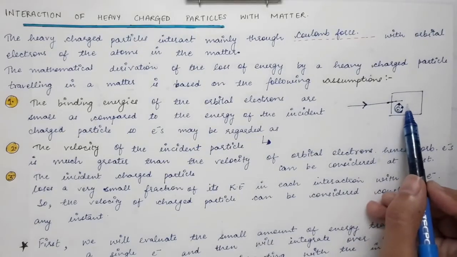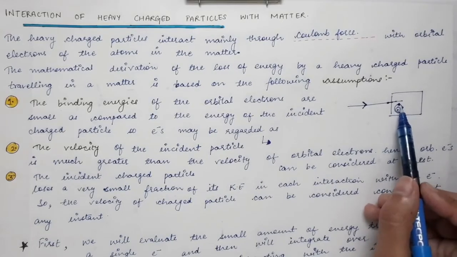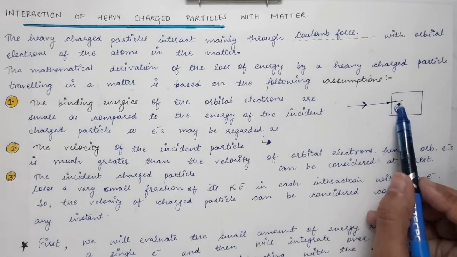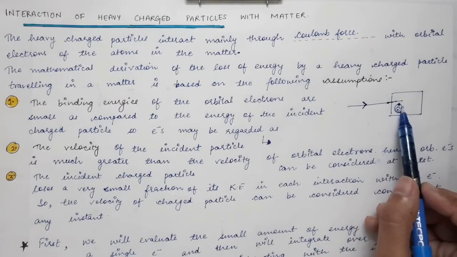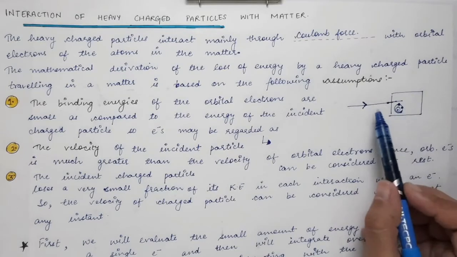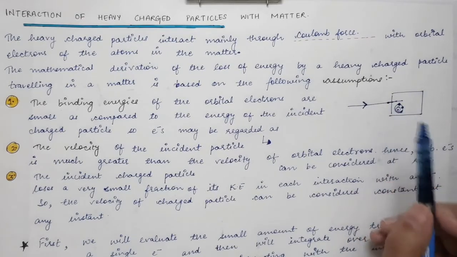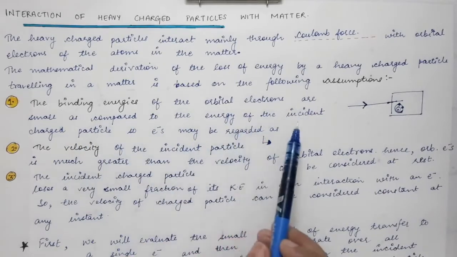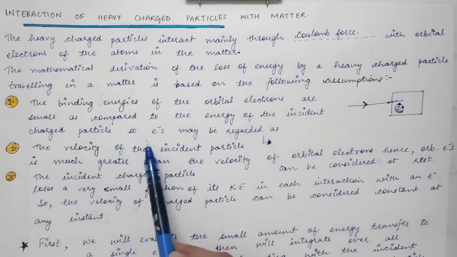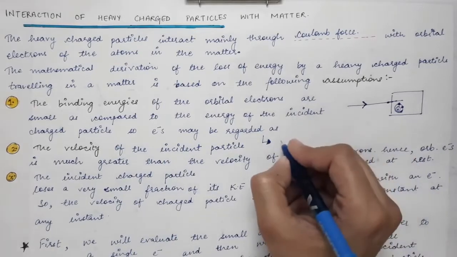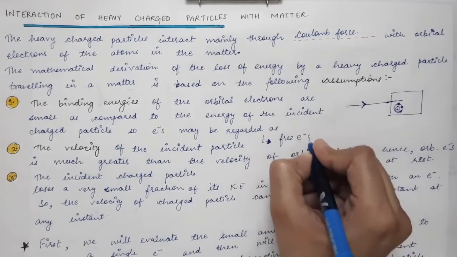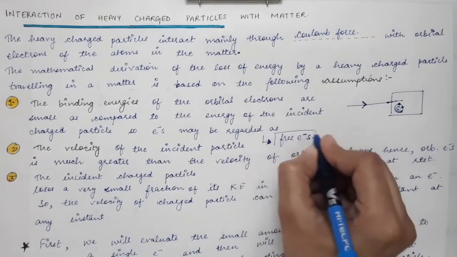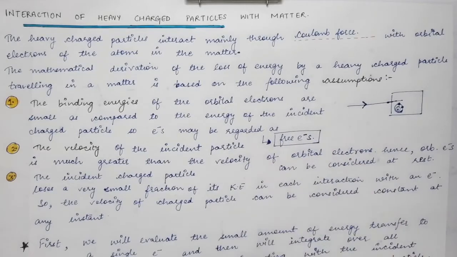The binding energies of the orbital electrons are small compared to the energy of the incident charged particle, so electrons can be regarded as free electrons, since their binding energy is very small.